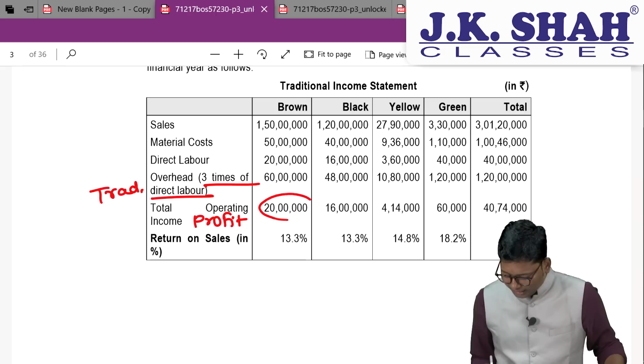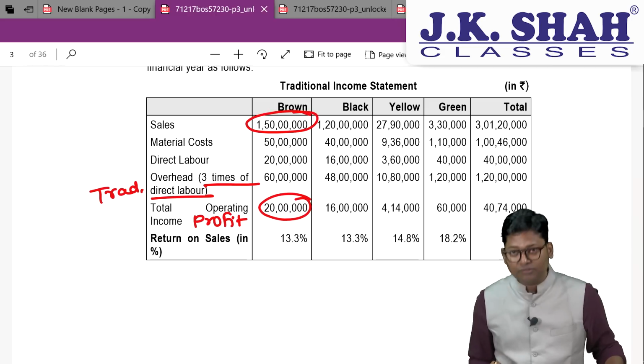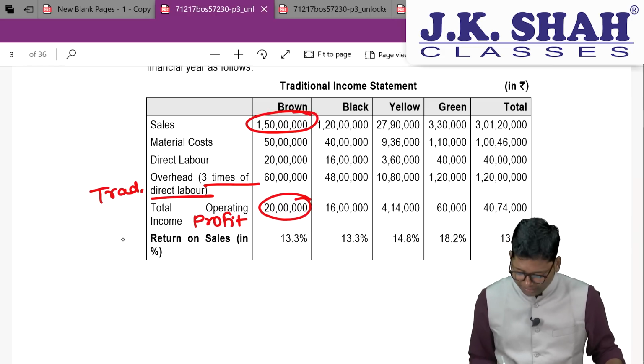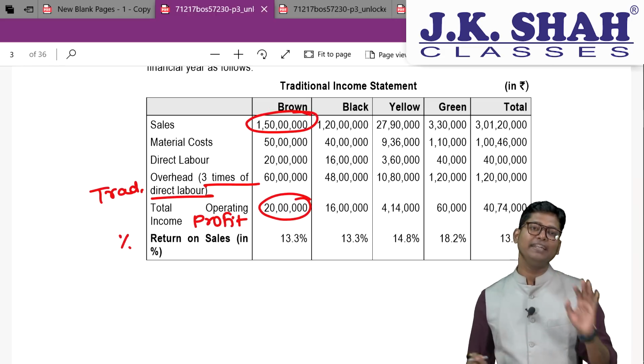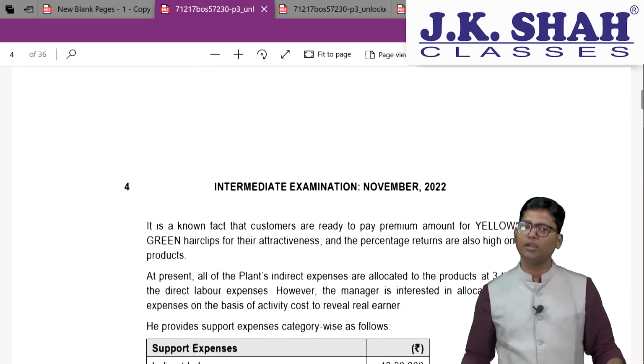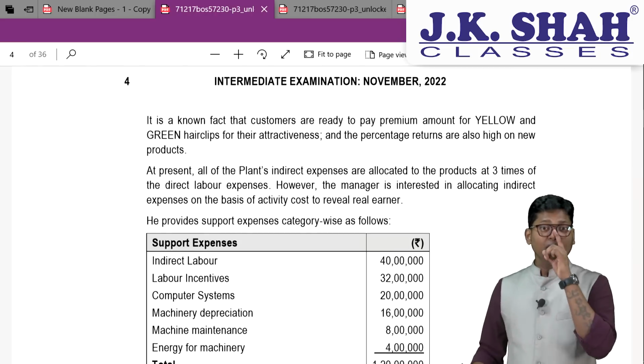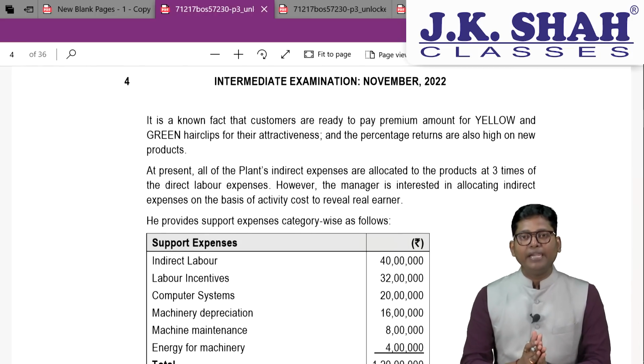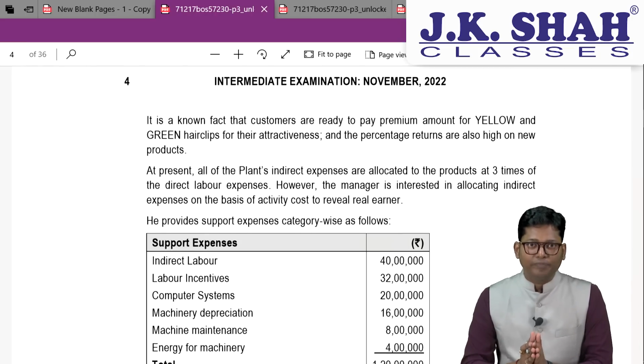And when you divide this profit by sales, we are calculating the profit percentage. That profit percentage is called return on sales. They have given you a ready-made income statement in the question itself. It is a known fact that customers are ready to pay a premium for yellow and green hair clips for their attractiveness, and the percentage returns are also high on the new product.